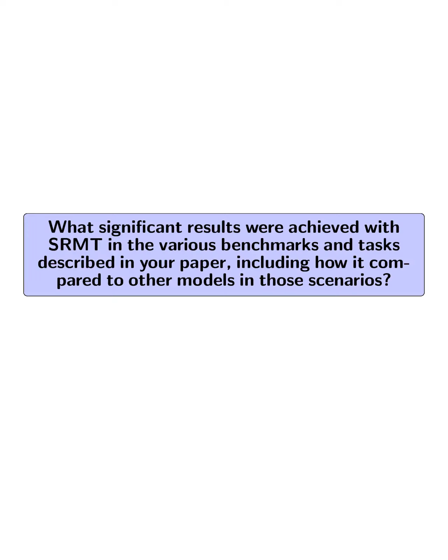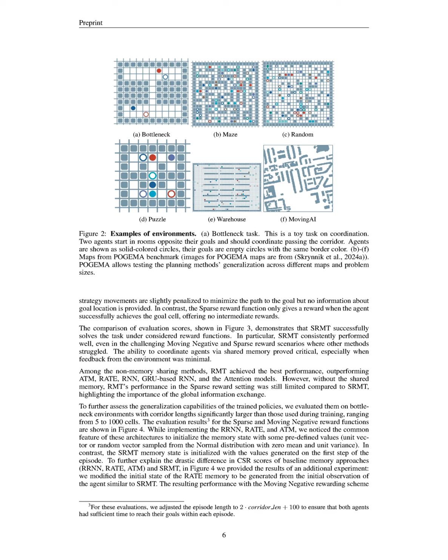What significant results were achieved with SRMT in the various benchmarks and tasks described in your paper, including how it compared to other models in those scenarios? In the benchmarks and tasks described in the paper, the Shared Recurrent Memory Transformer, SRMT, consistently outperformed various reinforcement learning baselines, particularly in the bottleneck navigation task, where it demonstrated superior performance compared to models like Mamba, QPLEX, and others.